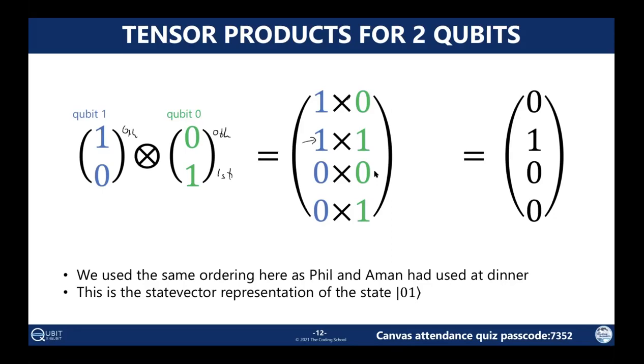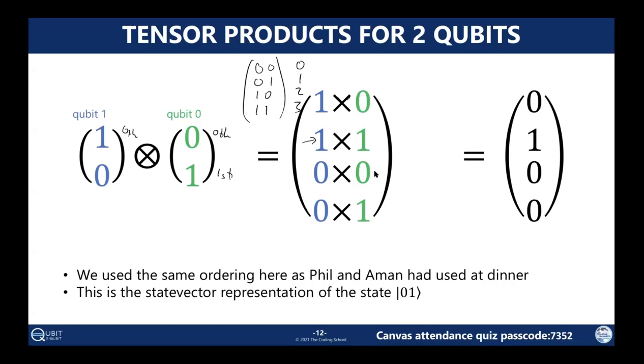And you do the same thing going all the way down. You can also write this as 0, 0, 0, 1, 1, 0, 1, 1. It's the same counting convention that we saw in binary, so you can see this is 0, 1, 2, 3. If you ever forget which order it goes in, it goes in the same order that we've always counted in binary. We keep it consistent with that.